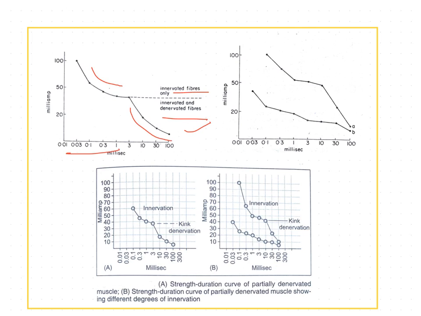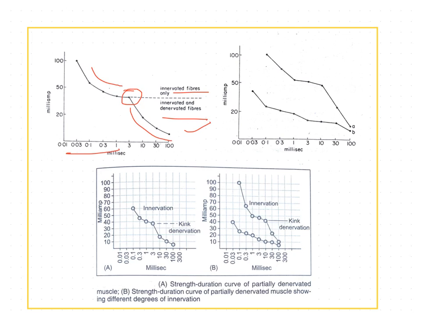Both kinds of fibers we can find in the graph. Here is the point of separation. In this curve we can find a kink, in the case of partial denervation.